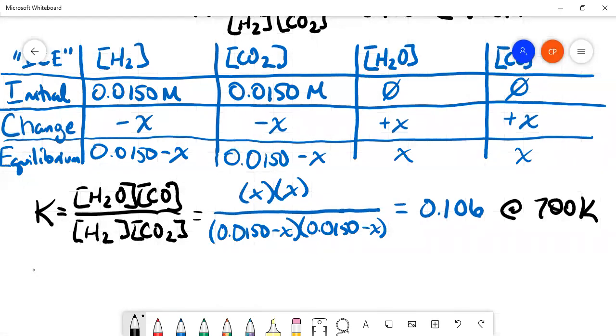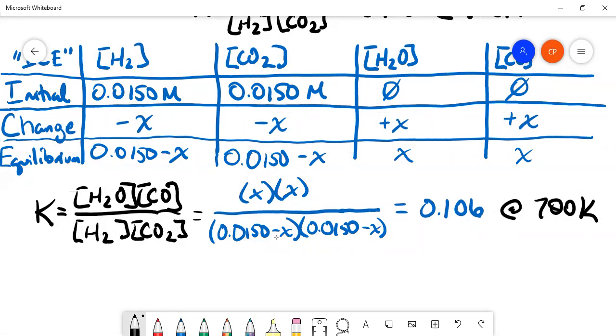Now, if this was really, really bad news, then what I'd wind up doing is foiling through what's in this denominator and setting up a quadratic and having to solve a quadratic formula to solve this problem. And you could absolutely do this problem this way.